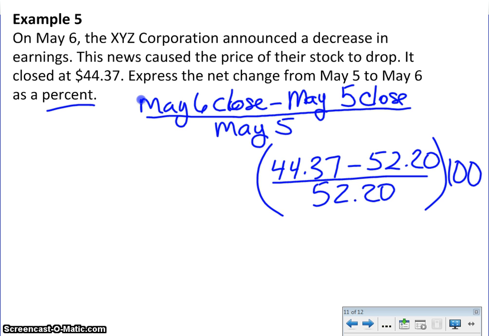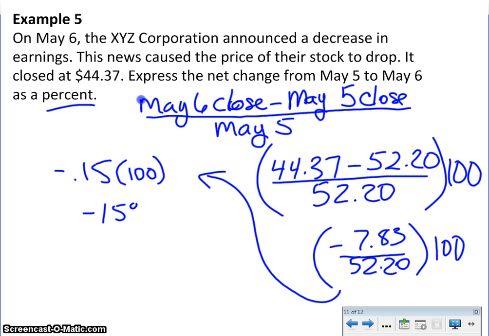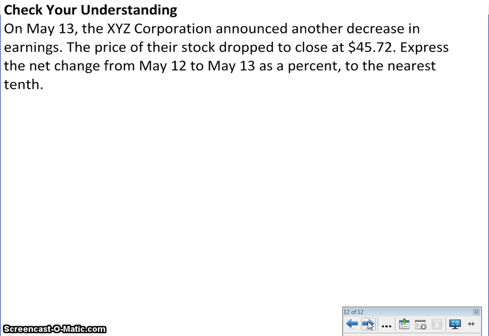So when I multiply all of that through, I end up with negative 7.83 divided by 52.20, all times 100. I end up with negative 0.15, all times 100, which then becomes negative 15%. All right, please press pause. Go ahead and solve this. When you're ready, come back.